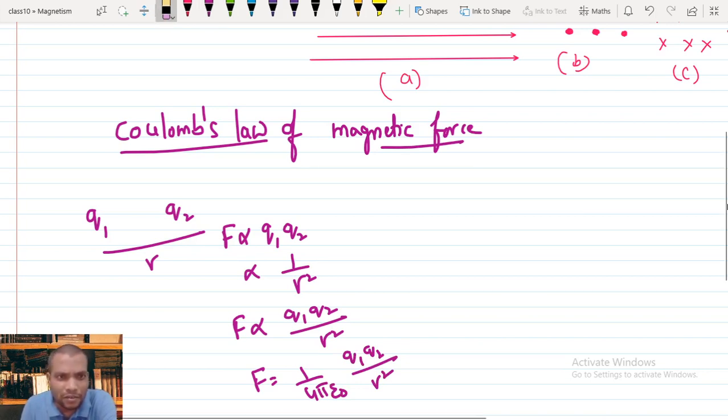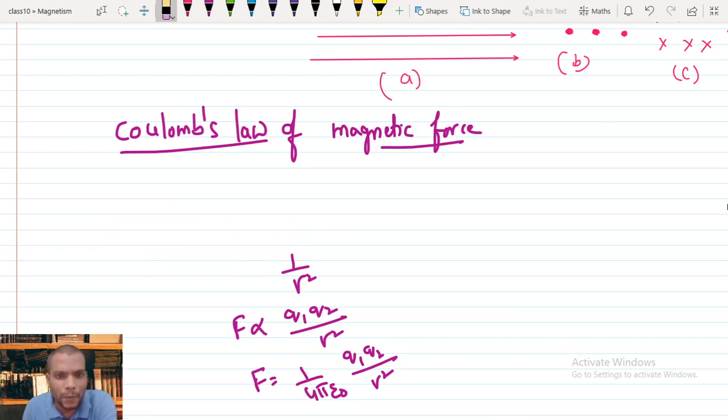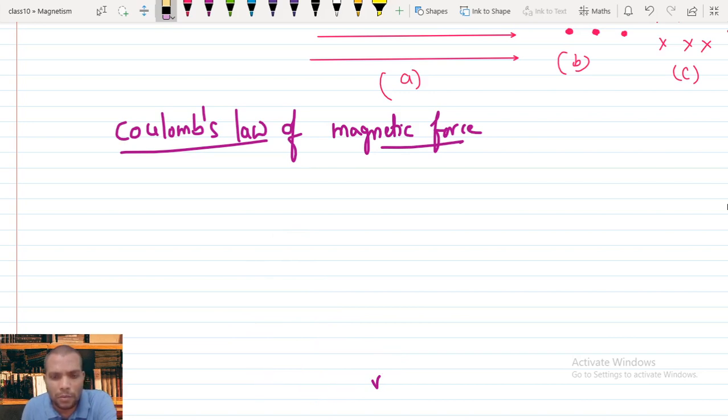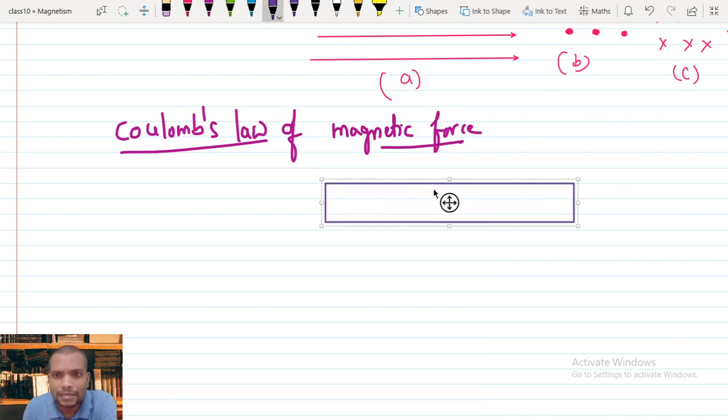In this way we can define it for magnetism too. But the problem with magnetism is that it does not exist with monopoles. To overcome that difficulty, suppose this is a bar magnet having two poles, north and south pole.